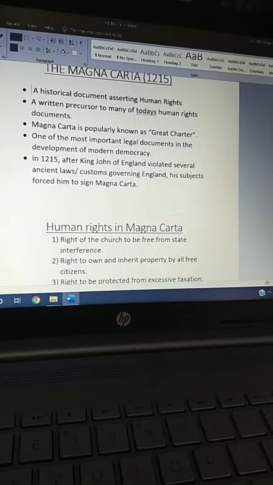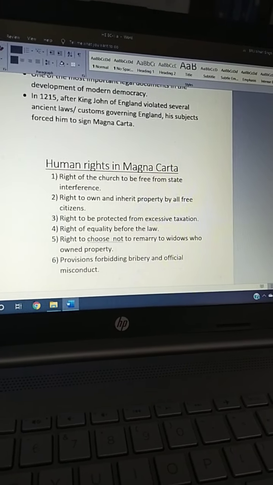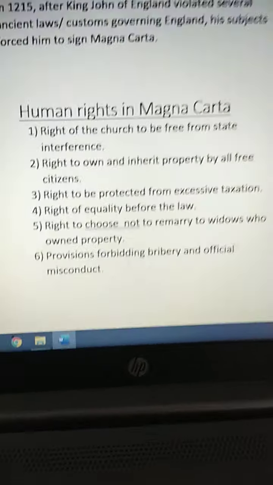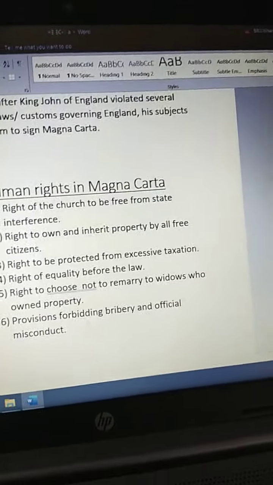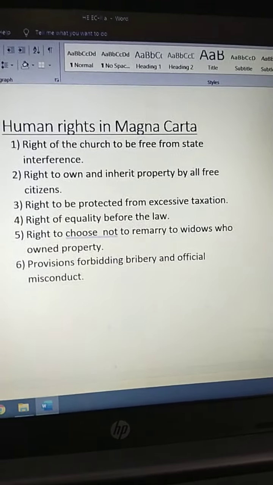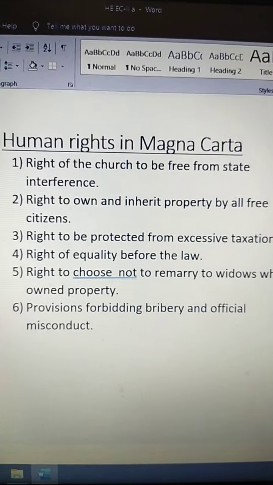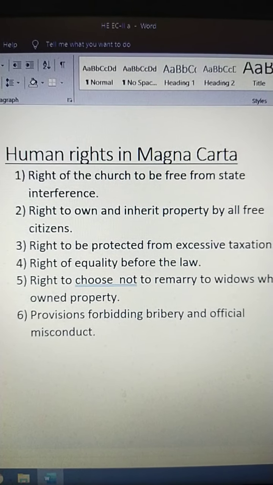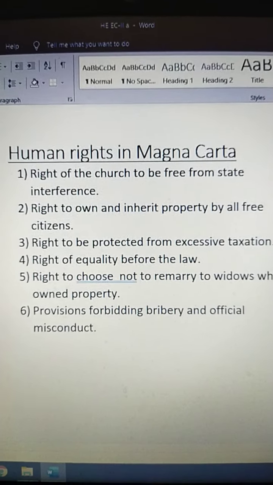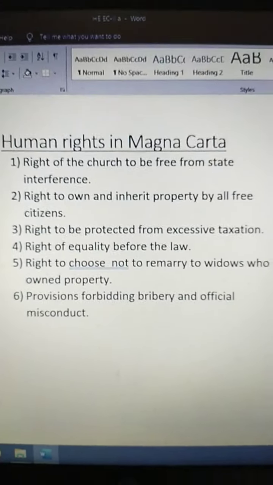The first right which Magna Carta provides is the right of the church to be free from state interference. This is a right of religion.